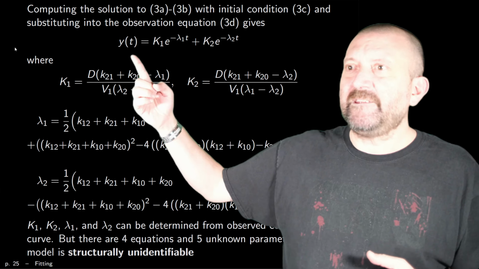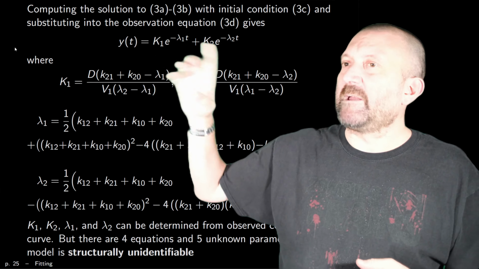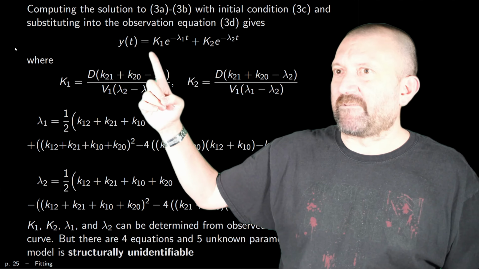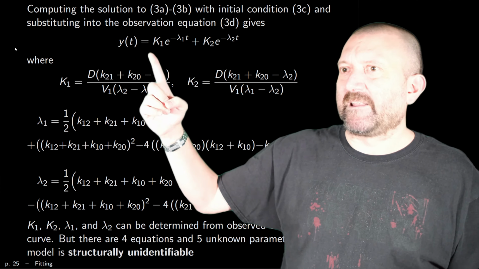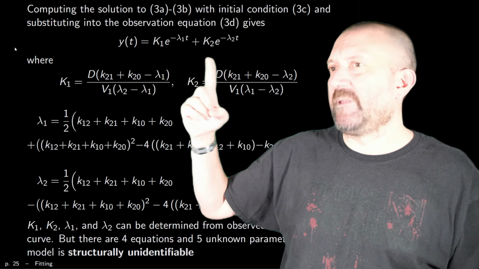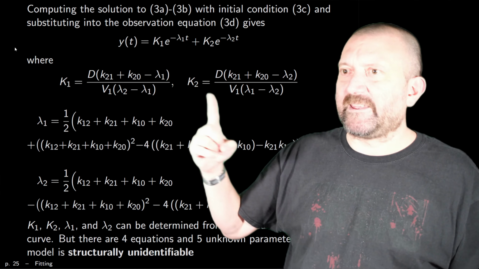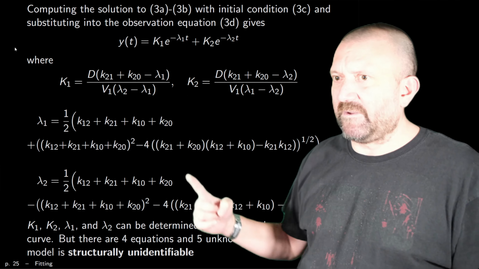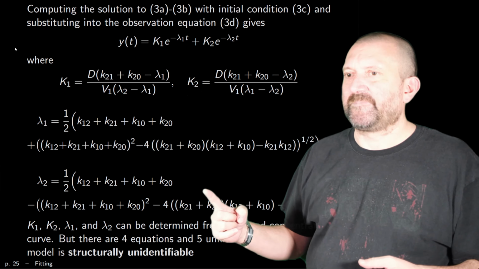And what I find is that when I plug the solution back into my observation equation, I get an equation like this. Capital K1 e to minus lambda 1t plus capital K2 e to minus lambda 2t, where the capital K's are given by these values, where the lambdas are given by these values.